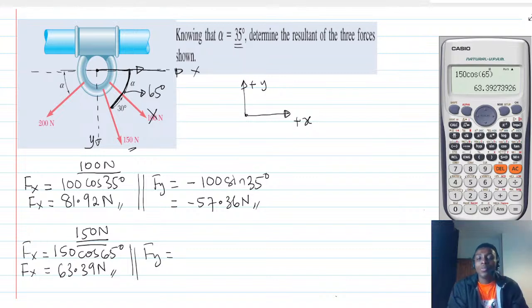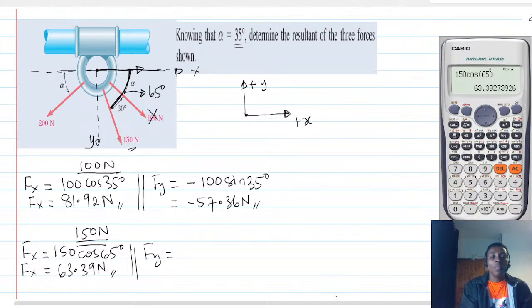Okay, so from the diagram, we can clearly see that this is the angle and then this is the force.